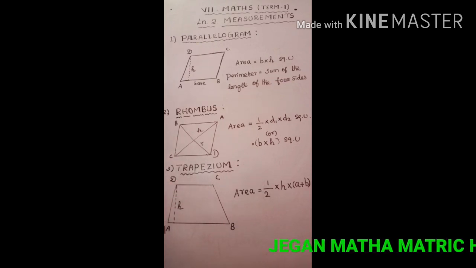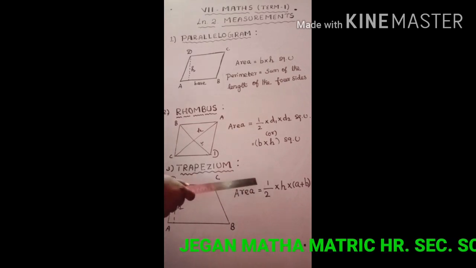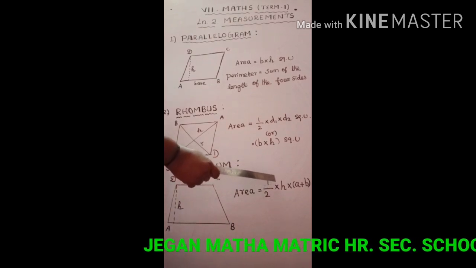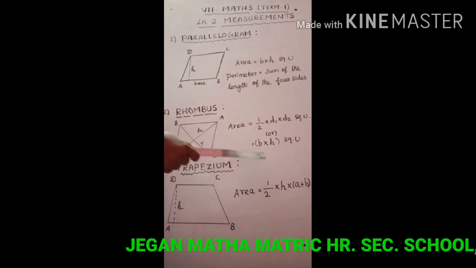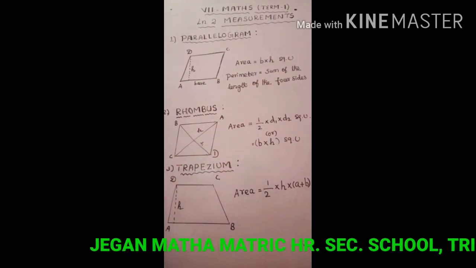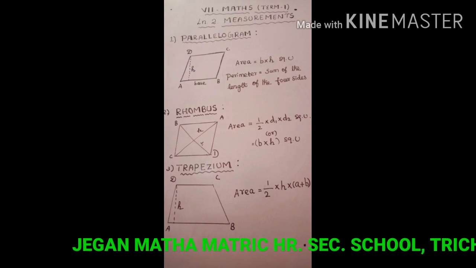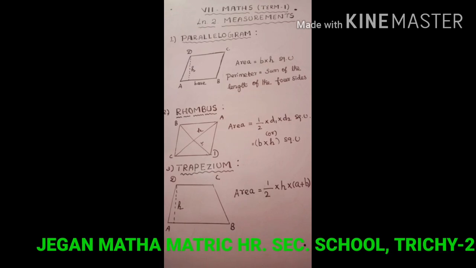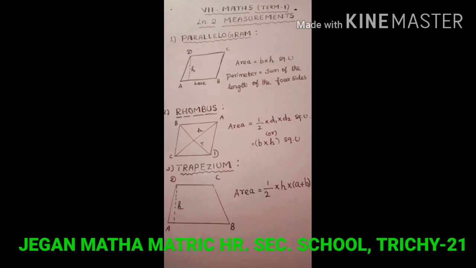Here, AB is not parallel to CD, AD is not parallel to BC. Then the area of the trapezium is equal to 1 by 2 multiplied by height multiplied by A plus B square units. Here A and B are the lengths of the parallel sides. If the non-parallel sides of a trapezium are equal, then it is known as an isosceles trapezium.